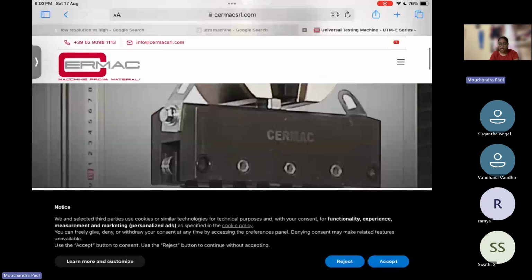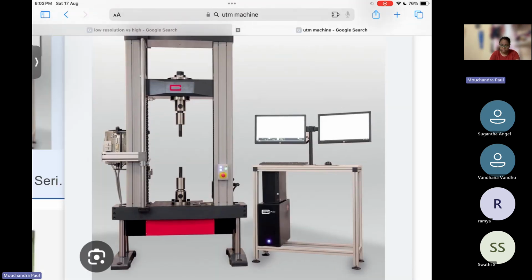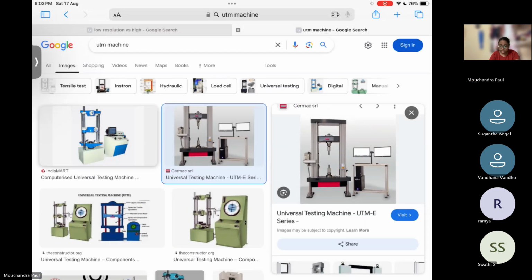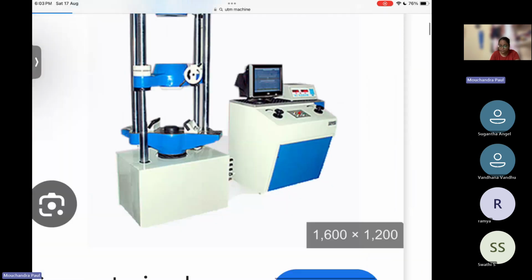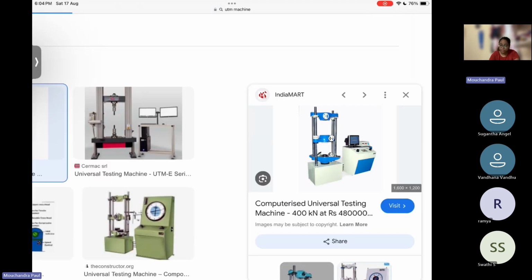Similarly, there are UTMs where both ends consist of blunt circular plates, and in between you keep your sample, and both ends are compressed together. So a compression load can be provided here.